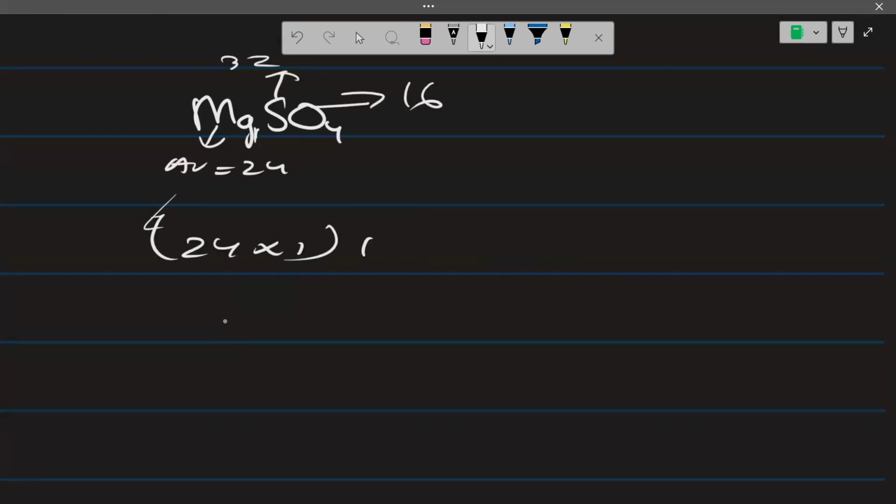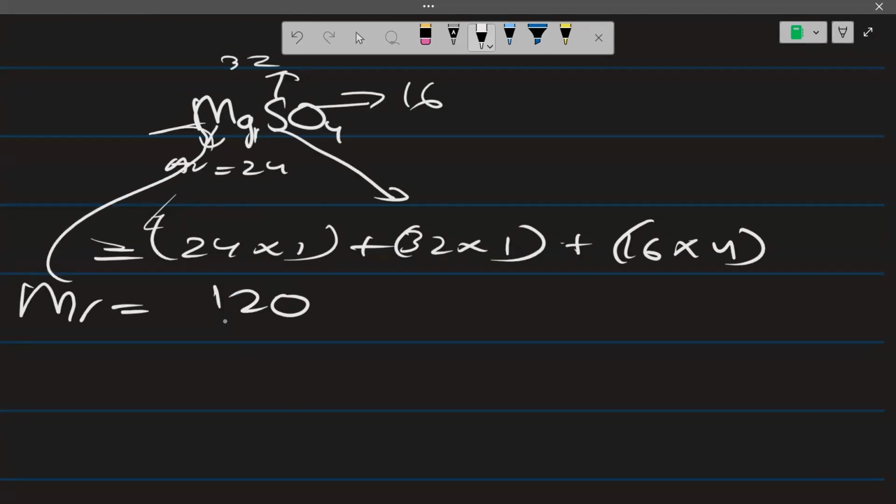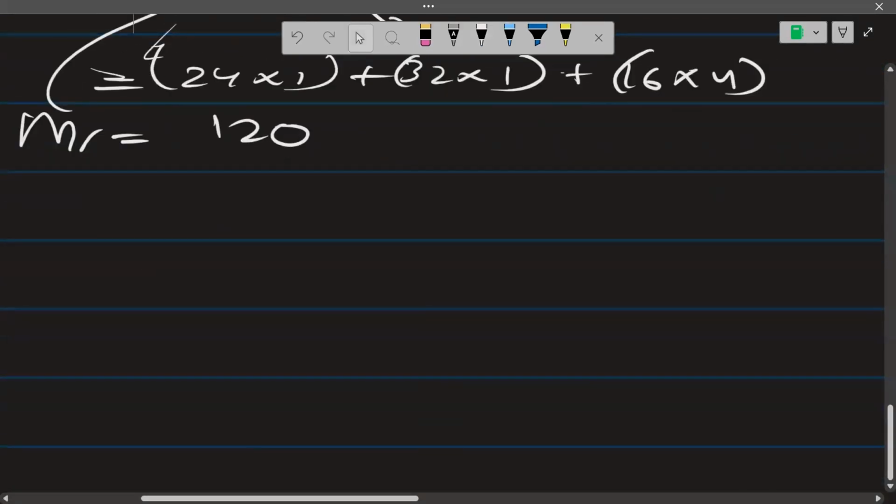Then we add sulfur, multiplied by 1 because it's 1 in this formula. And then we multiply the AR of oxygen, 16, by 4. Now let's put it in the calculator and the answer is going to be 120, the MR of magnesium sulfate.